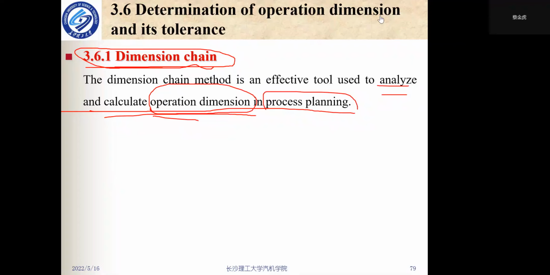So please answer what the definition of dimension chain is and what the three key points of dimension chain are. A dimension chain is a closed dimension diagram which is composed of a group of related dimensions connected in end-to-end sequence.